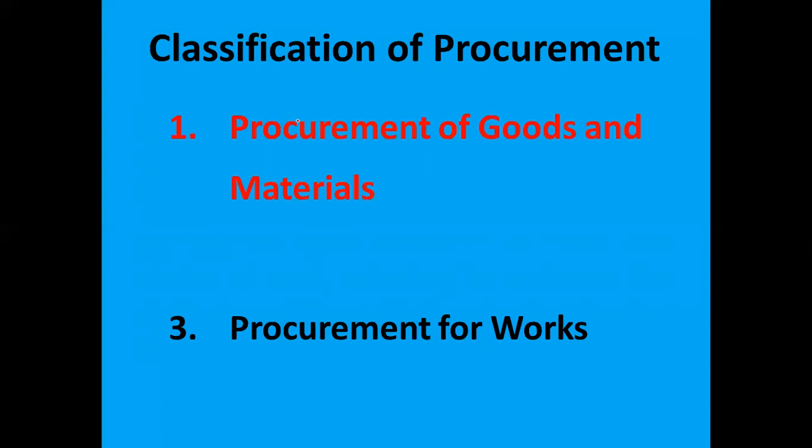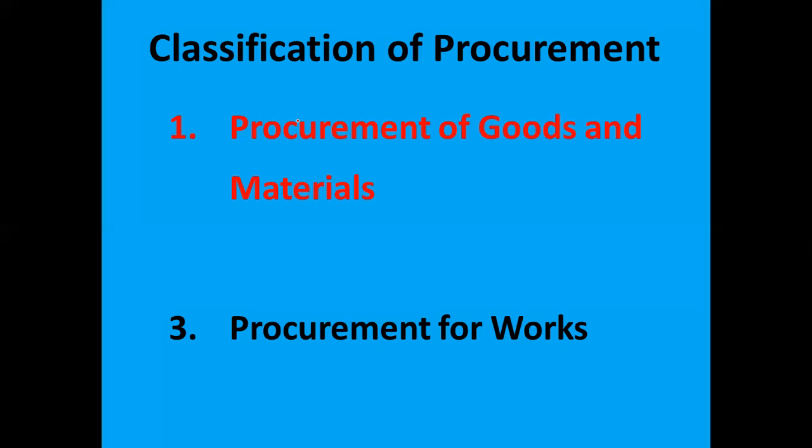How the materials are procured, how the goods are procured. You can have the detailed classification. First one is procurement of goods and materials. Second one, procurement of works. Works means the services you are getting.